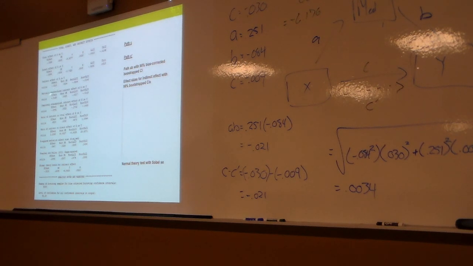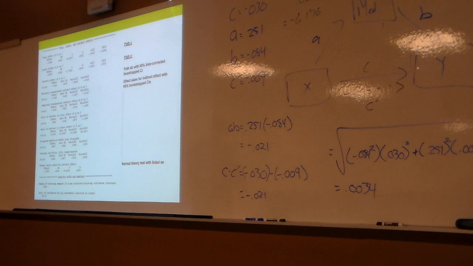And then what I've got here is my indirect effect of X on Y. This right here is really the only thing that process is giving you that's different from anything else that you ran by hand. It gives you your indirect effect of X on Y, and this is negative 0.021. This is the same thing we calculated here. Again, this is just giving you the indirect path.